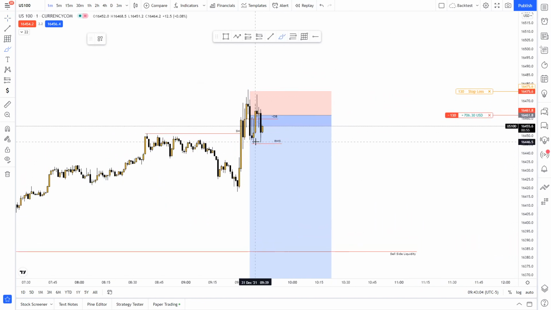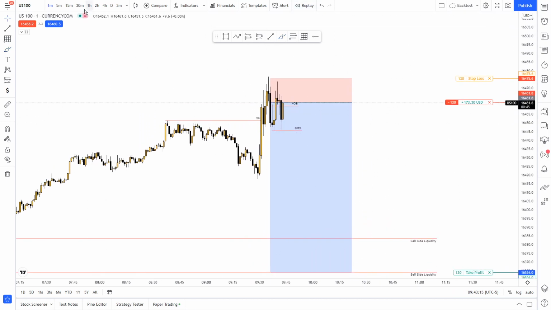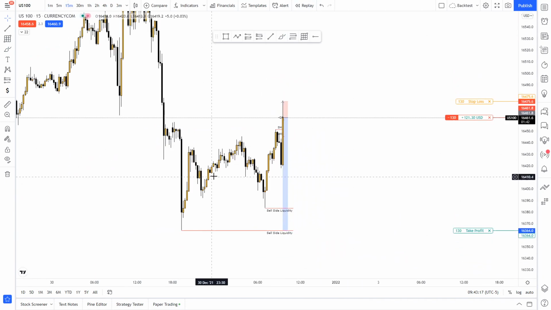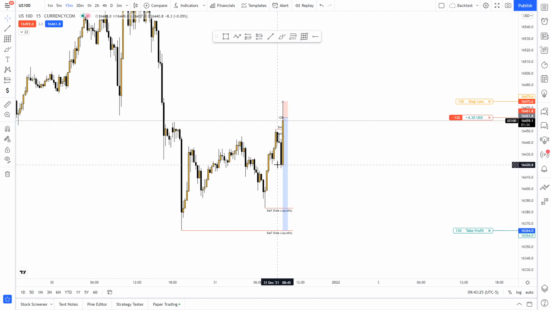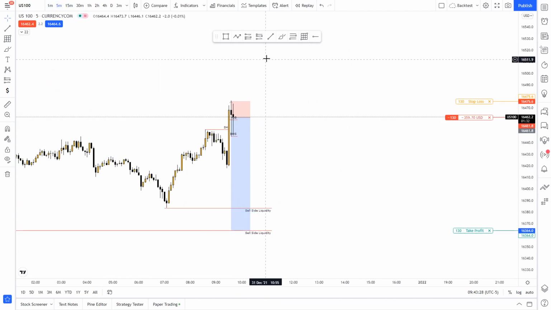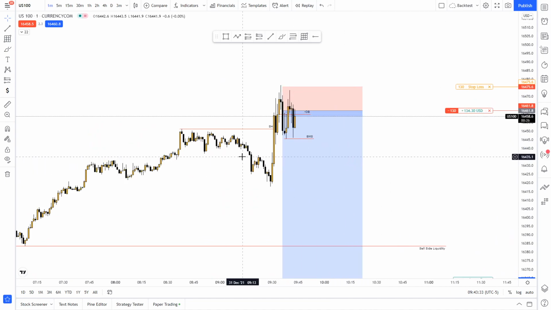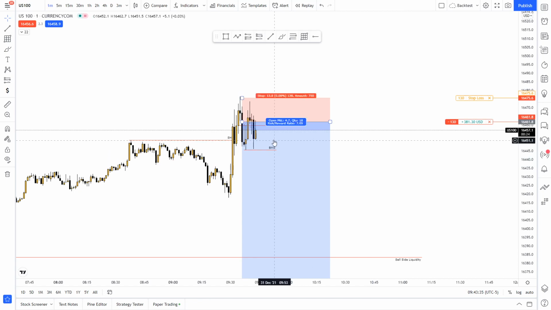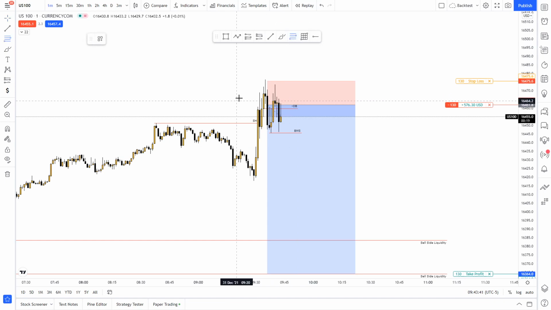Okay, so now price should be just wicking into this area right now, and we should fly off. Let's have another look at where we can expect price to reject from. Okay, now price should start breaking down.